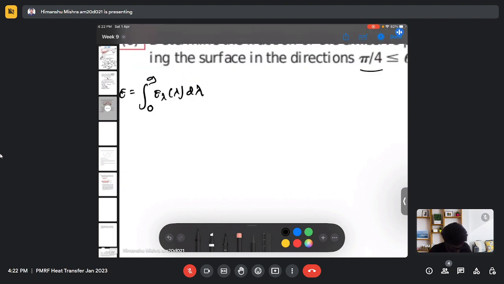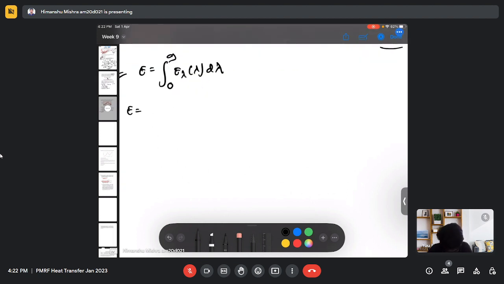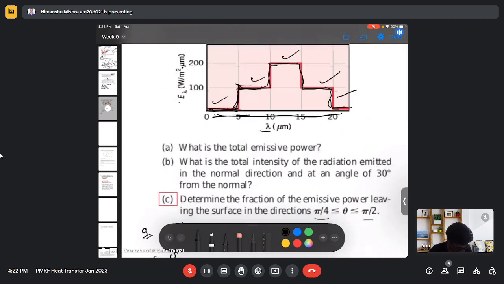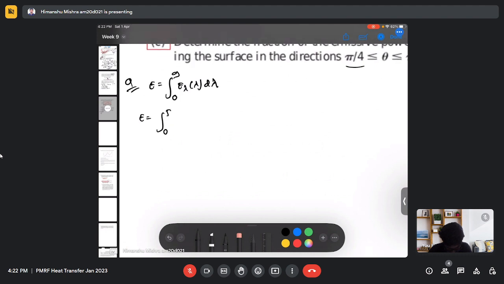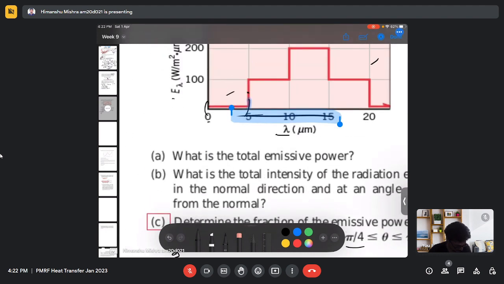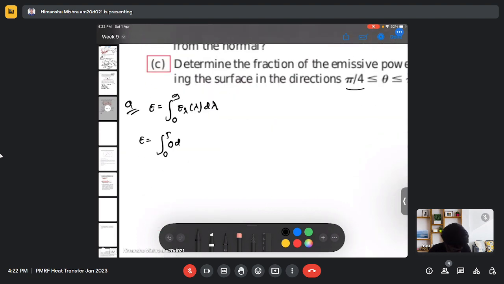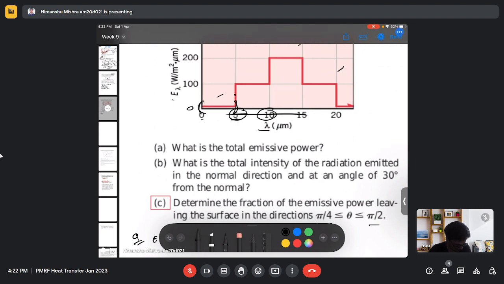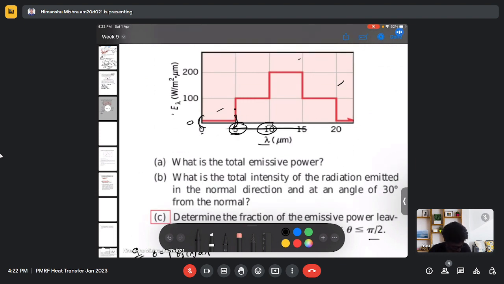So it can be written as the integral from wavelength 0 to 5, and my emissive power from 0 to 5 is 0. Then from 5 to 10, my emissive power is 100.